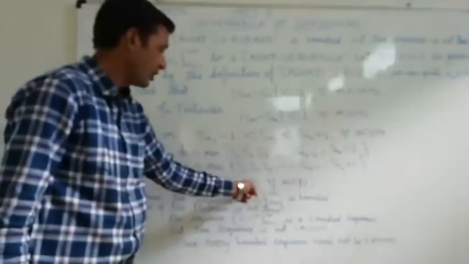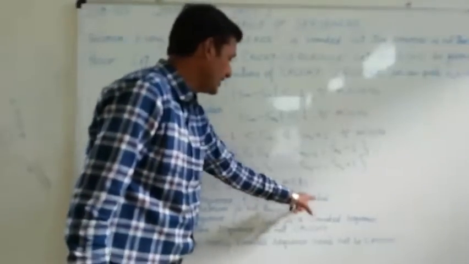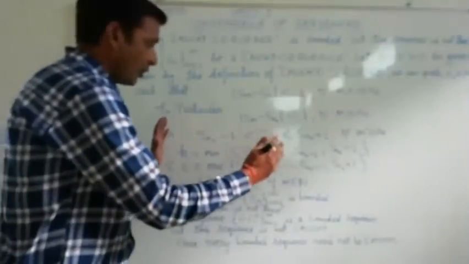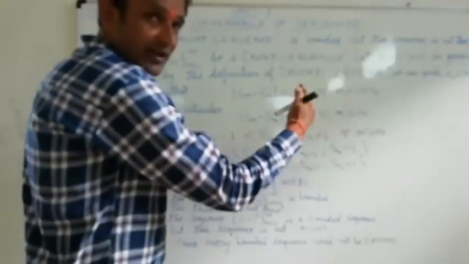Which tells us that Sn is in between small k and capital K. Hence the sequence Sn, n equal to 1 to infinity, is bounded. Bounded means it has a lower limit and it has an upper limit.